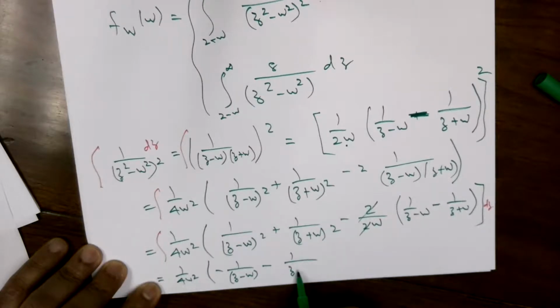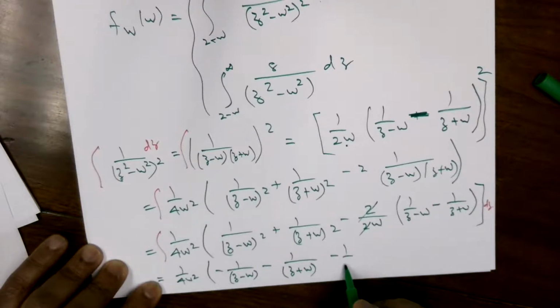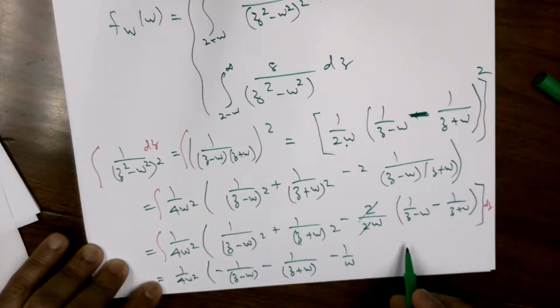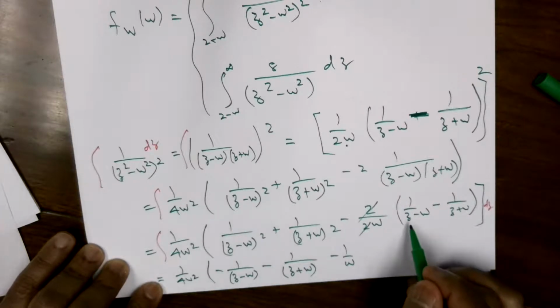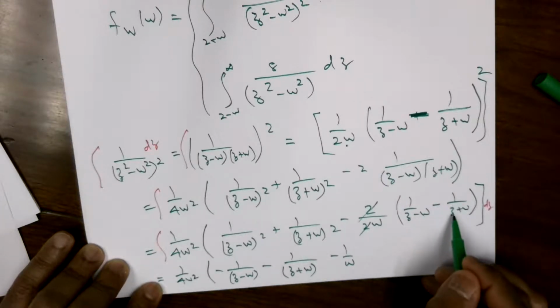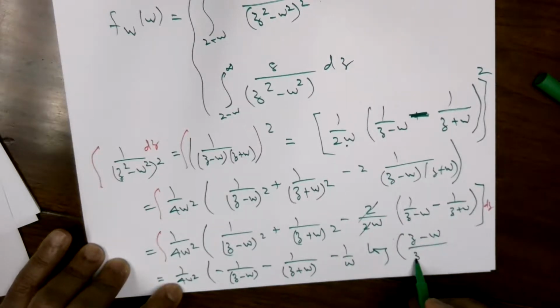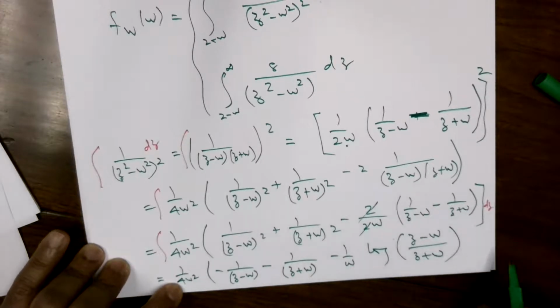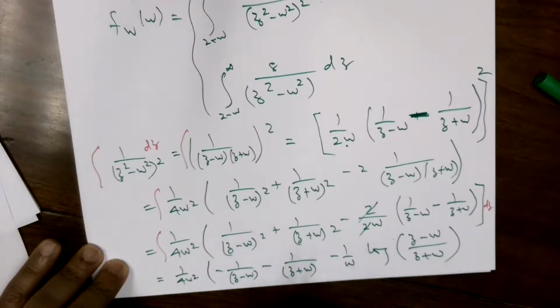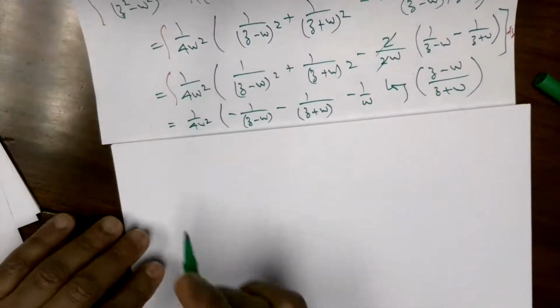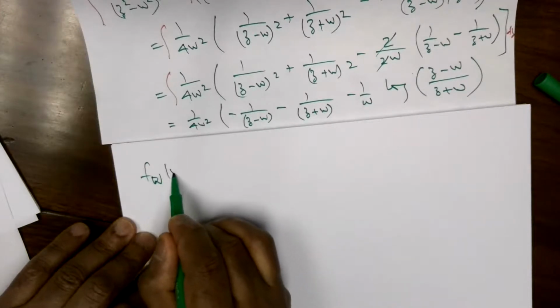Same thing here, z plus w with a minus sign, and then minus 1 over w. You get log of z minus w minus log of z plus w. So I'm just going to write this with the proper limit, which I'm going to carry over to the next page.